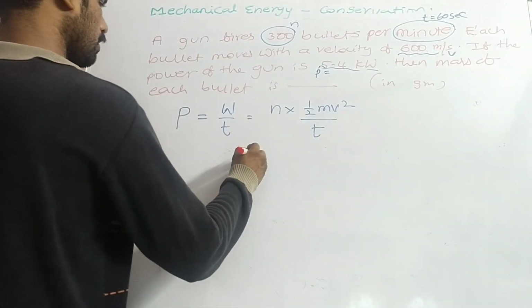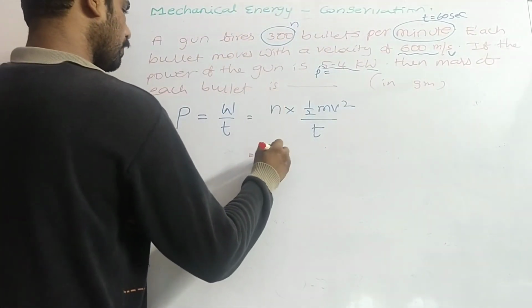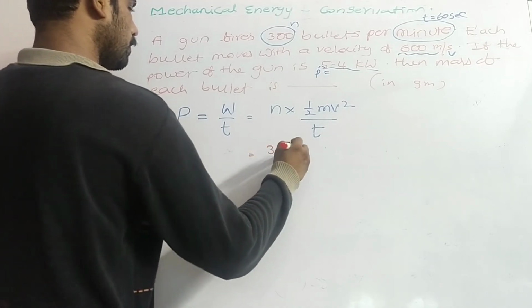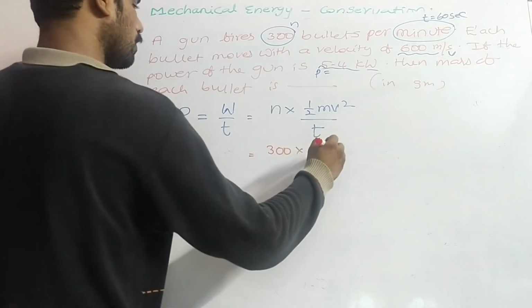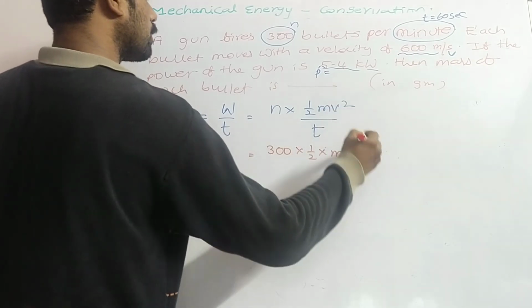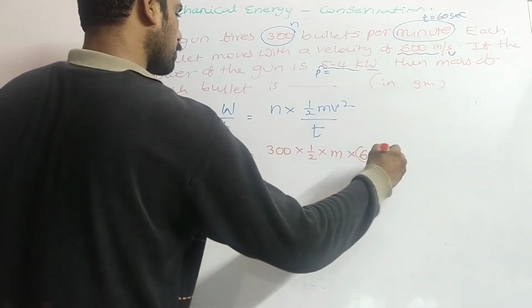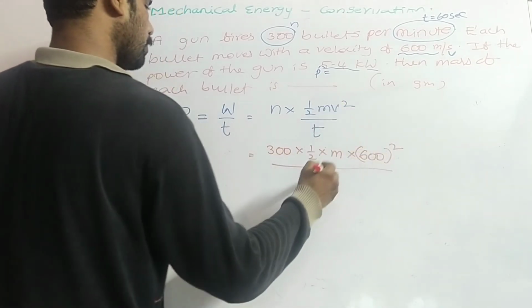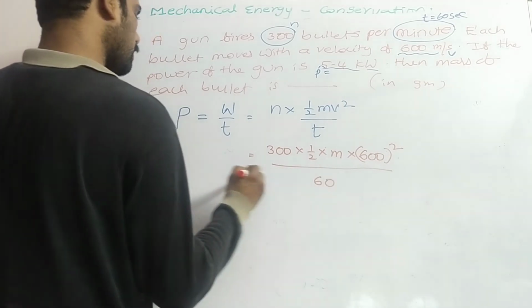So I will do it once again. See here. Number of bullets 300. Half into, we have to find mass, 600 meter per second, so speed 600 square by time 60 seconds.